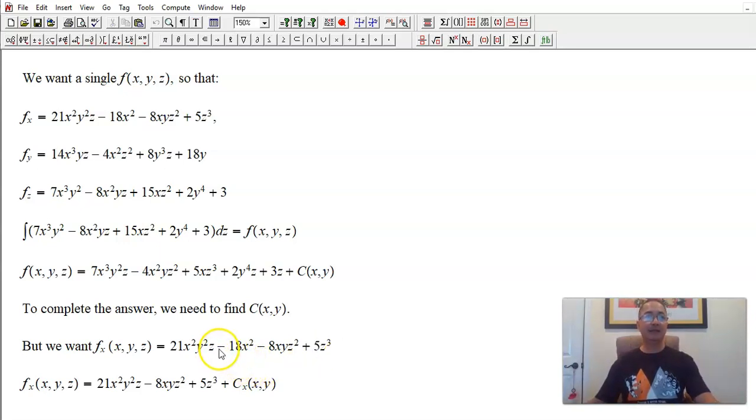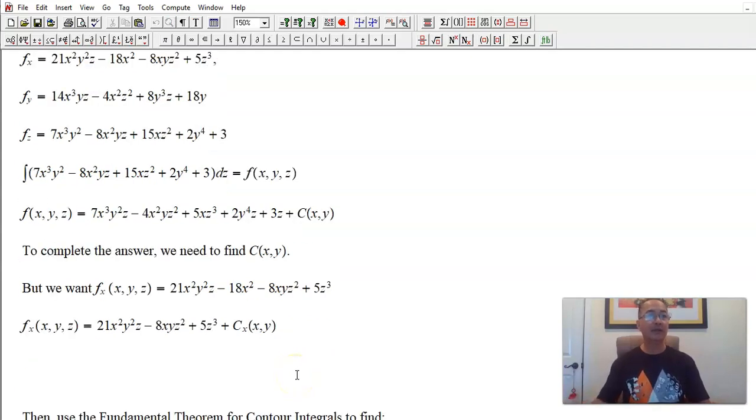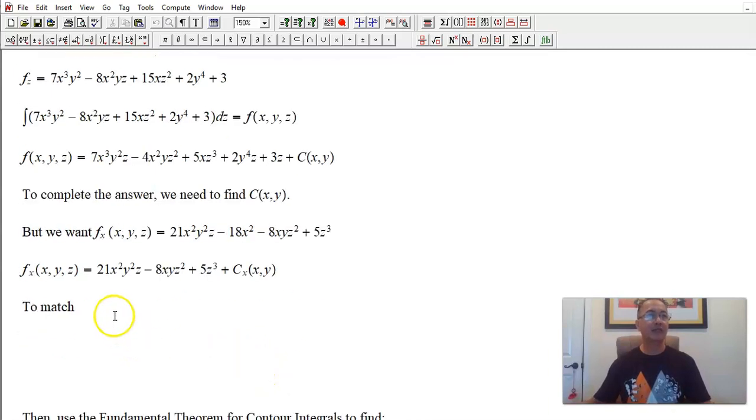What's missing? Duh, this one. That one's missing. So to match perfectly, we need this partial derivative, c sub x of x, y, to be the missing term, which was this one.